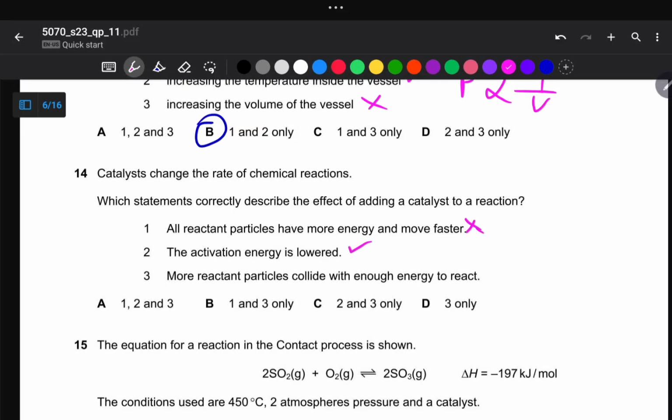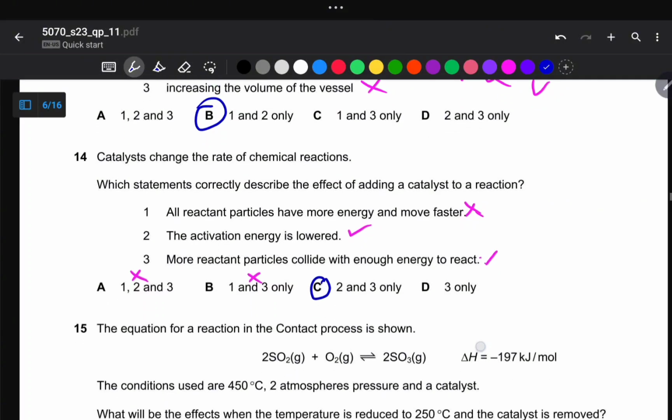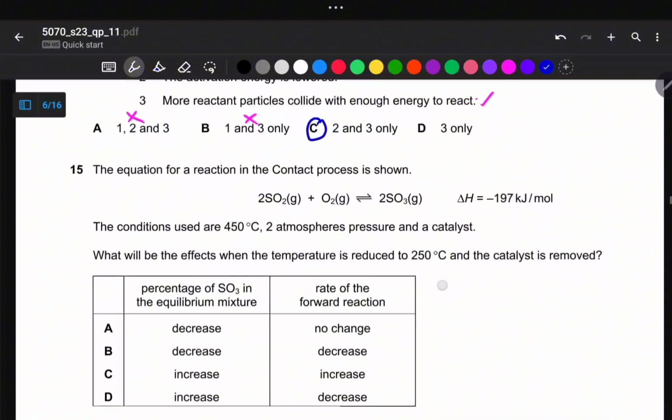And then we've got the number 3 statement, which says more reactant particles collide with enough energy to react. So this is true. And our final answer becomes option number C. So we now move on to number 15.